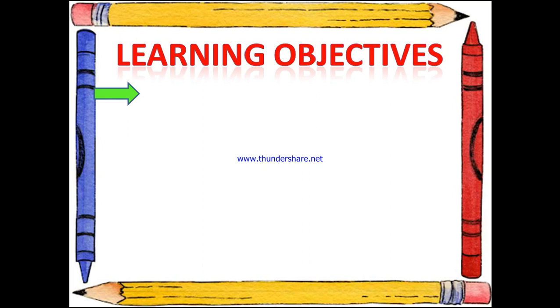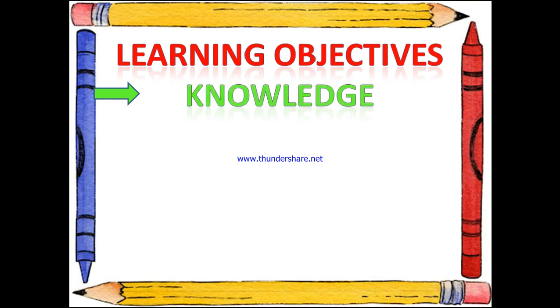The first learning objective is knowledge. Students will get knowledge about the Indian national movement, which started from 1757 with the Battle of Plassey and continued to 1947, till getting independence.